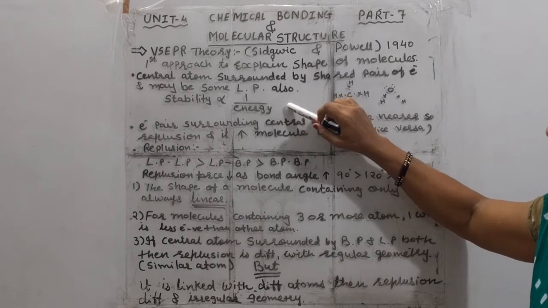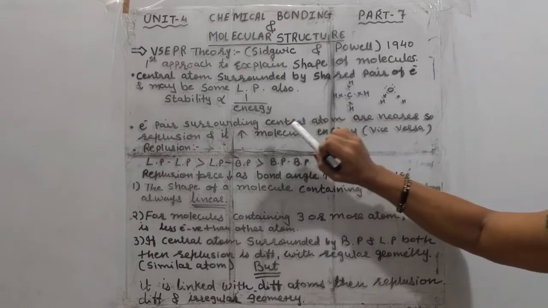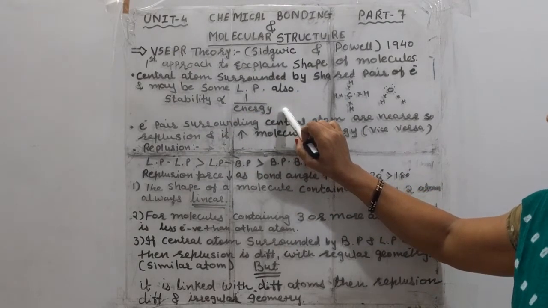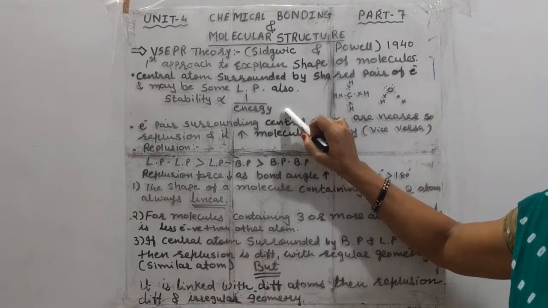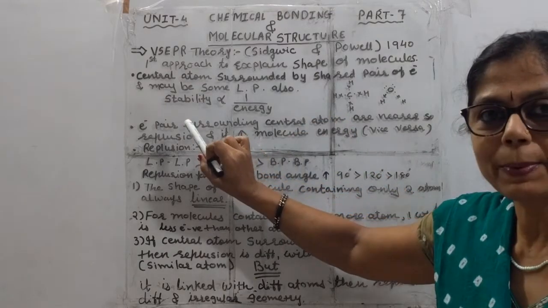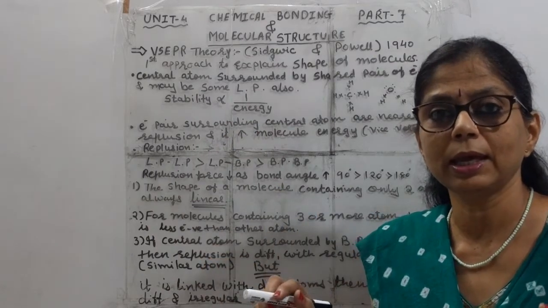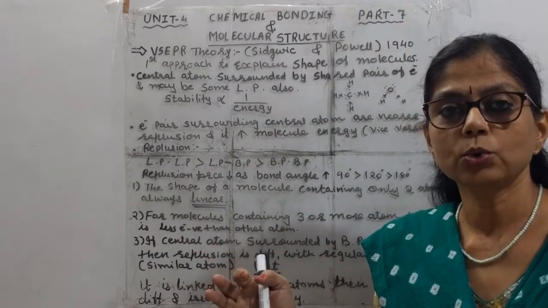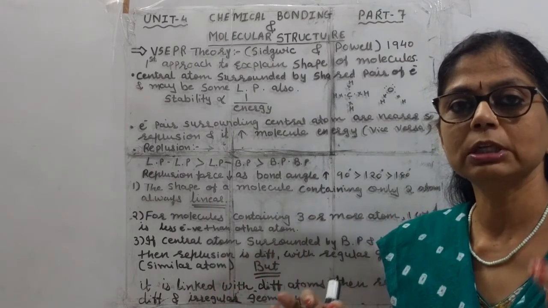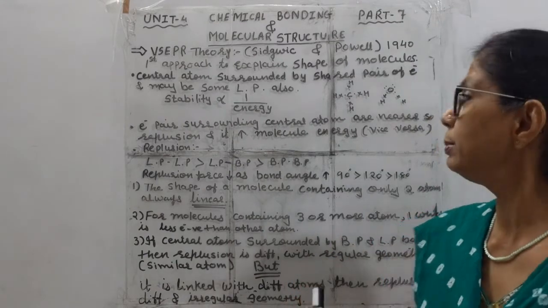The main thing to keep in mind is that stability is inversely proportional to energy: the more the energy, the less the stability. So it will try to keep the surrounding pairs as far as possible by repulsion, so that the molecule can attain greater stability.